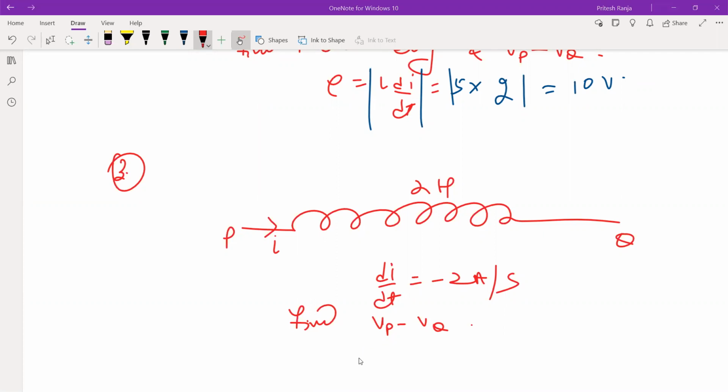So here again, the induced EMF will be L di by dt, talking about the magnitude. So that will be 4 volt.